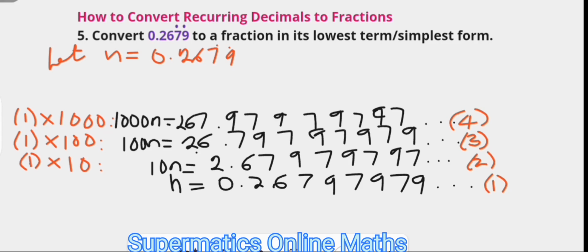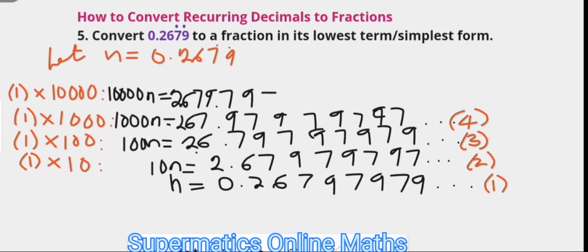None of them align still. So we multiply equation 1 by 10,000. That's 10,000n equals 2,679.79797979.